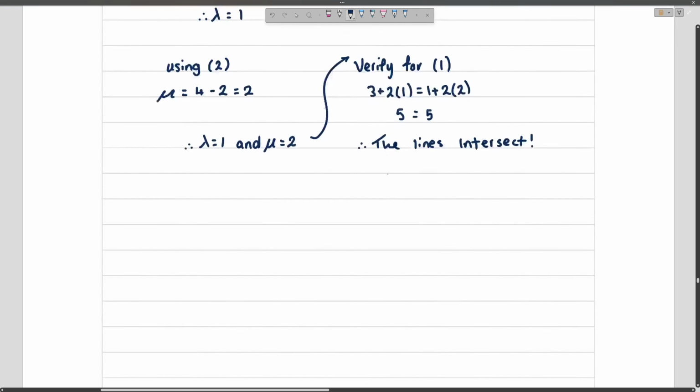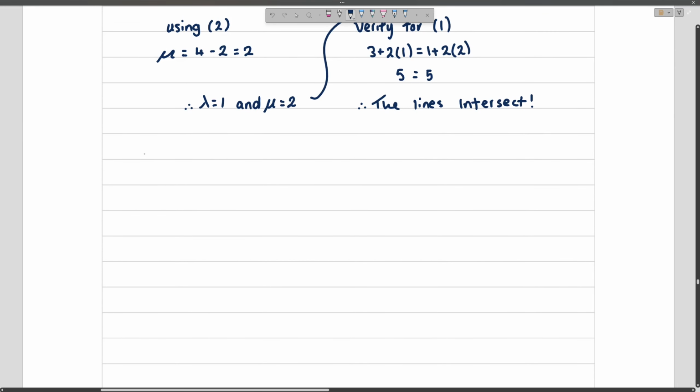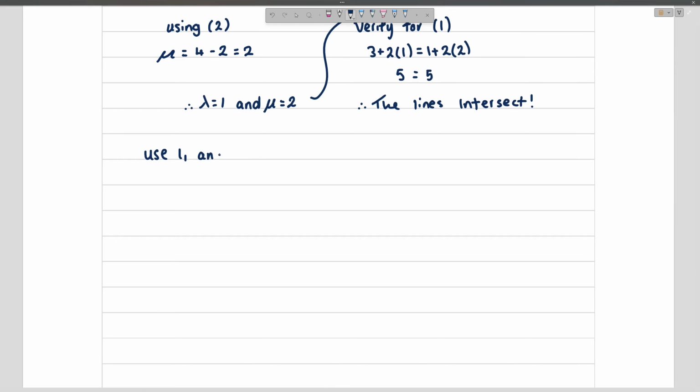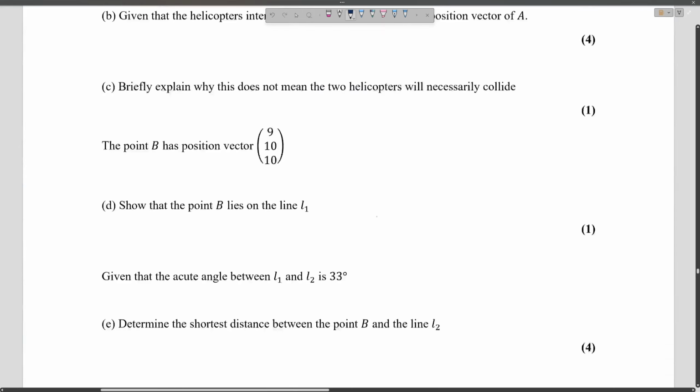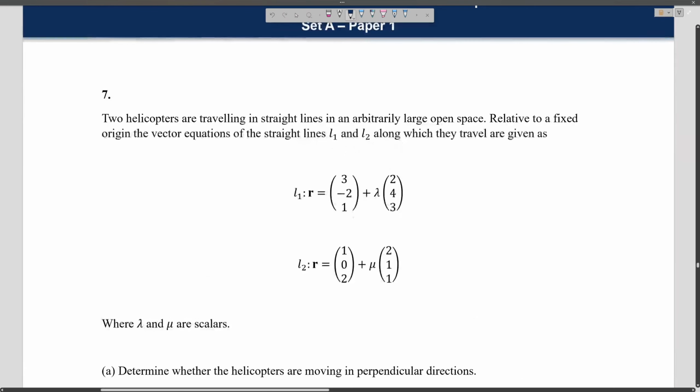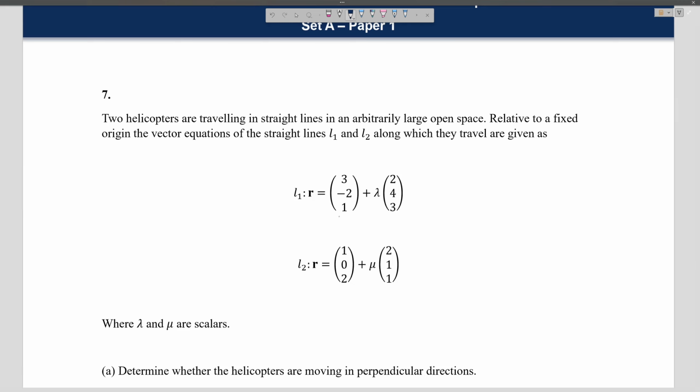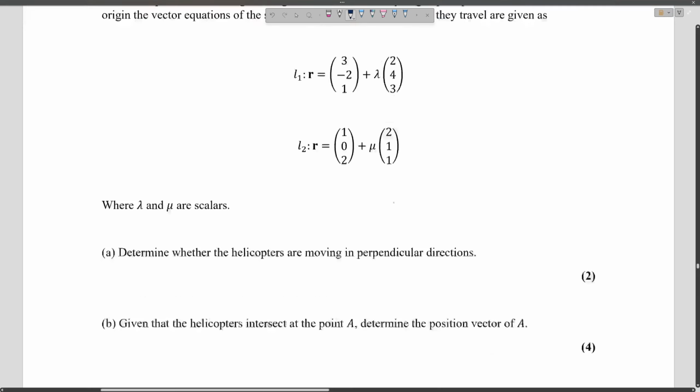So if I use L1 and λ = 1, I get 3 + 2 lots of 1, so that's 5, -2 + 4 lots of 1, so that's 2, and then 1 + 3 lots of 1, giving us 4.